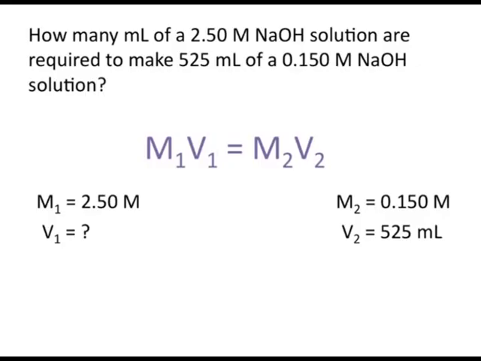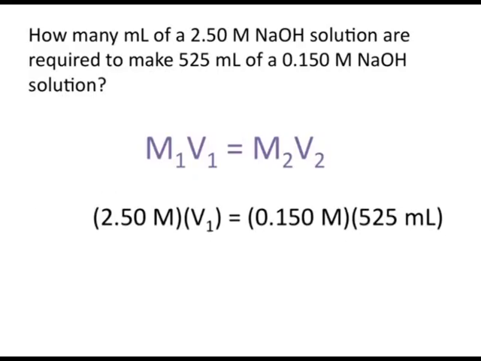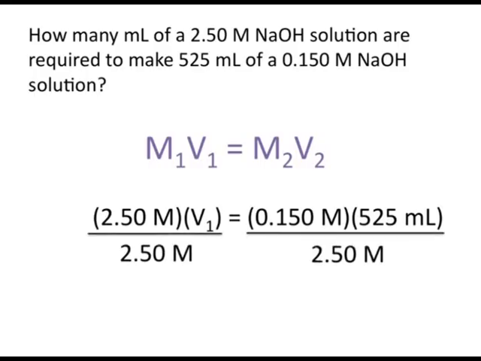M2 is 0.15 and V2 is 525. 2.5 times V1 should be equal to 0.15 times 525. To find V1, we divide both sides by 2.5, and if we do that, V1 will be equal to 31.5 milliliters.